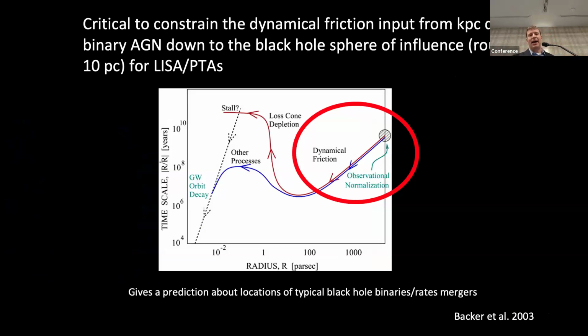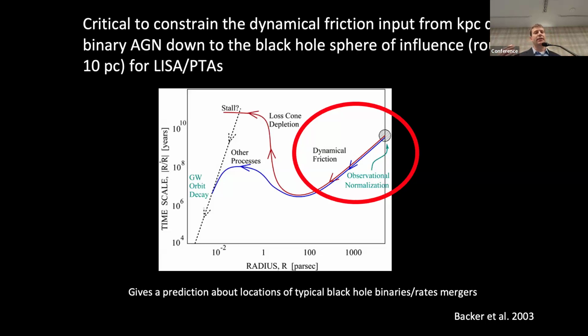So why does this matter? As I mentioned in the beginning, this really is a full story. If you want to understand how many binary AGN there are, or what the gravitational wave signature is, you really have to constrain dynamical friction. So you have to understand how fast galaxies merge.